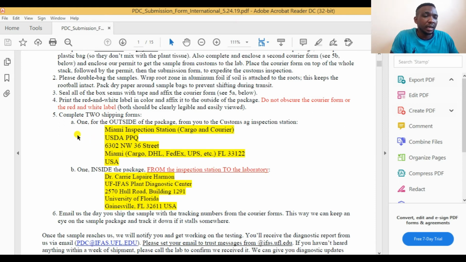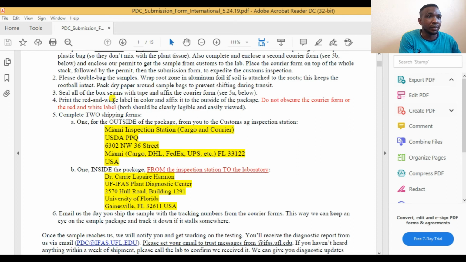So what I did was after I filled out the first one, I created the account. The farmer created the account. It was the farmer's account. We developed the form from Turks and Caicos to Miami, and that one basically goes outside the package with the red and white label, the APHIS label.